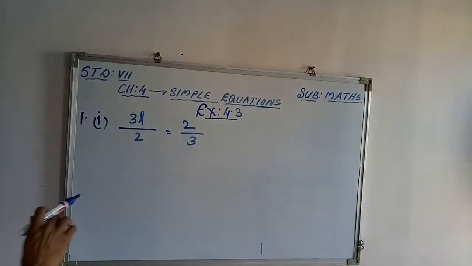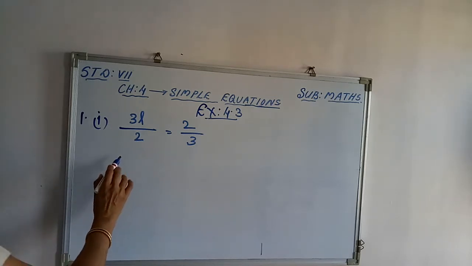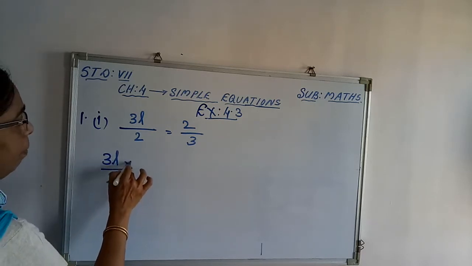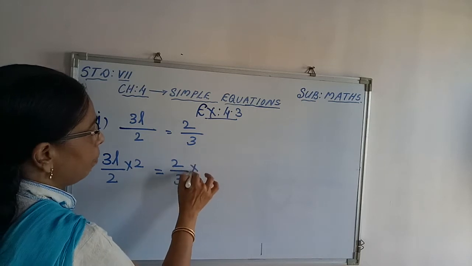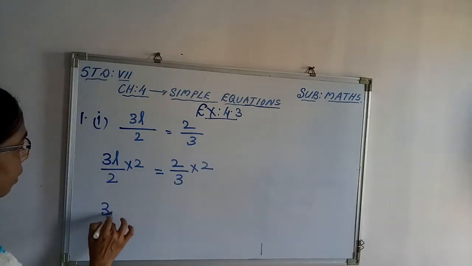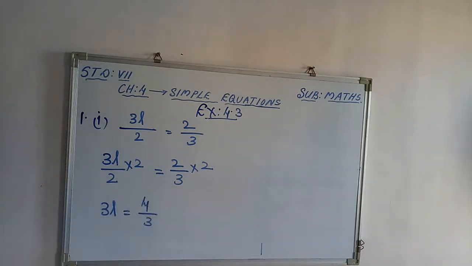Now how to do this? First, multiply both the sides by 2. So we get 3L upon 2 multiplied by 2 is equal to 2 upon 3 multiplied by 2. 2 and 2 get cancelled. We get 3L is equal to 4 upon 3.